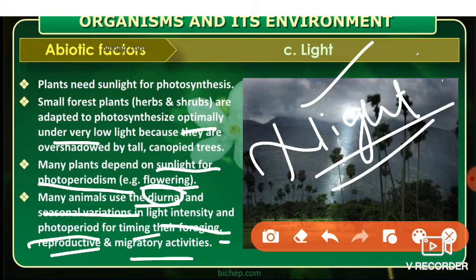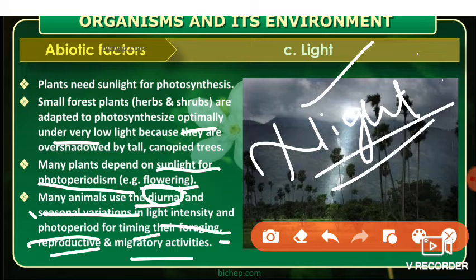Okay, and here seasonal variations also occur, and light intensity and photoperiod are used for timing their foraging, reproductive and migratory activities. Some of the animals, they are migrating based on the intensity of light, migrating from one place to another place. For reproduction purpose also they are using the light, how much intensity they need.